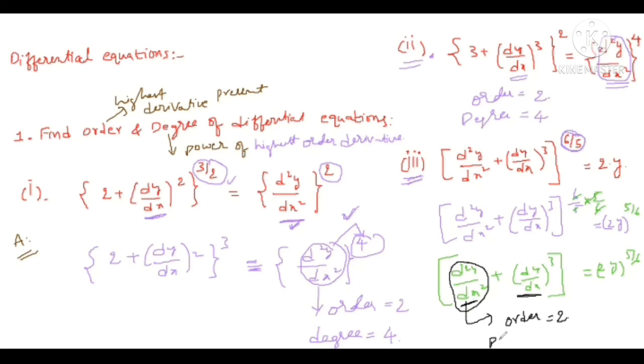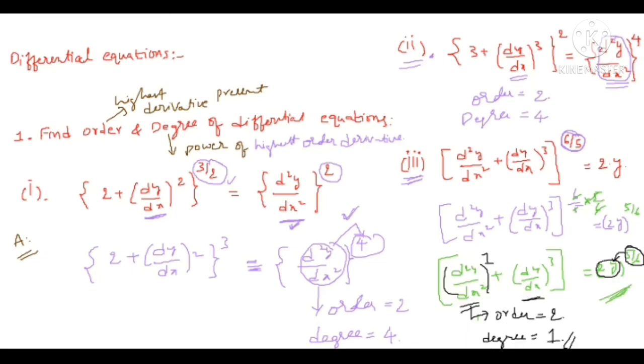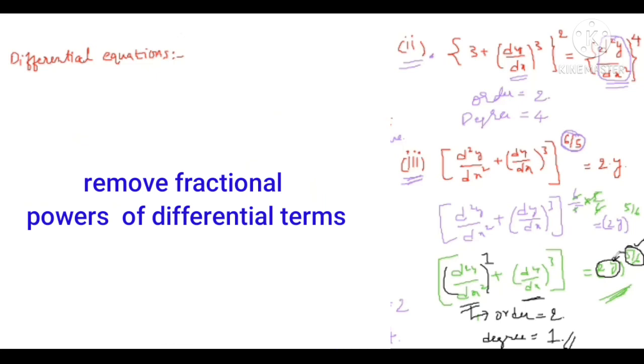Now we have to check the power or degree of the differential equation. Degree is given by 1. First degree is equal to 1. So second order differential equation with degree 1.